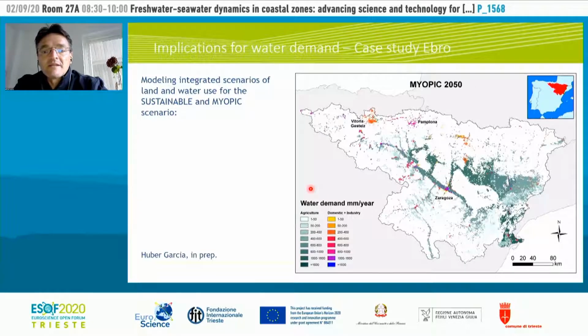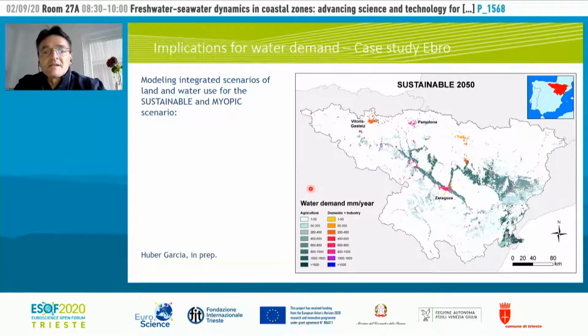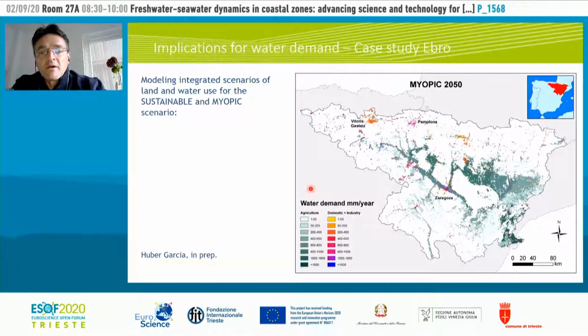You see there's a tremendous difference in the water demand in that basin, depending alone on the way that land use and water resources are being managed. So once again, the sustainable scenario, then the myopic scenario. And so we have a number of contrasting and conflict-increasing developments that we are foreseeing for the near future, and that also has a strong impact on the coastal zone.